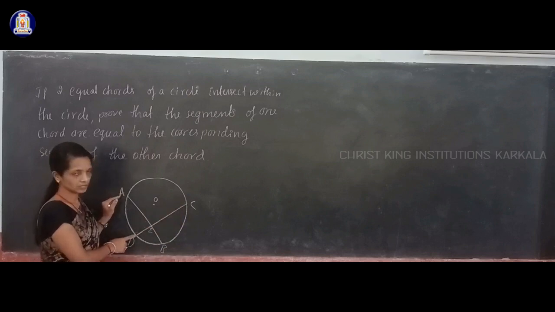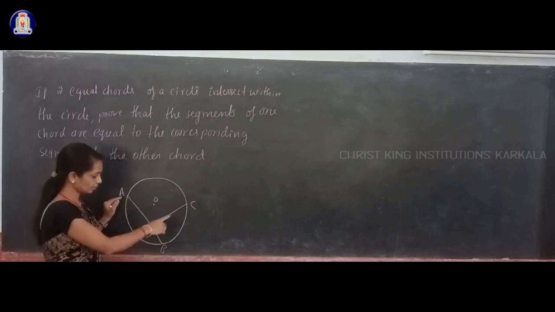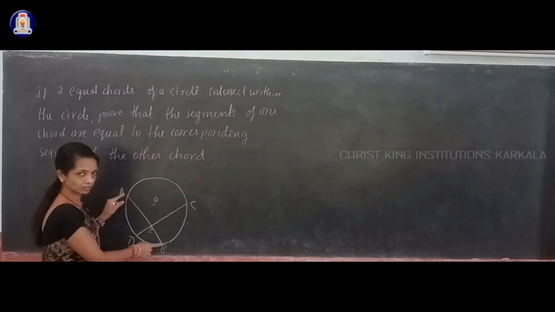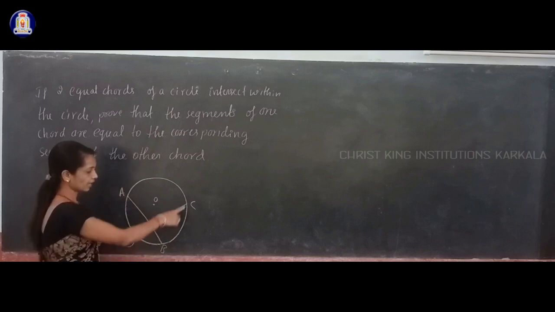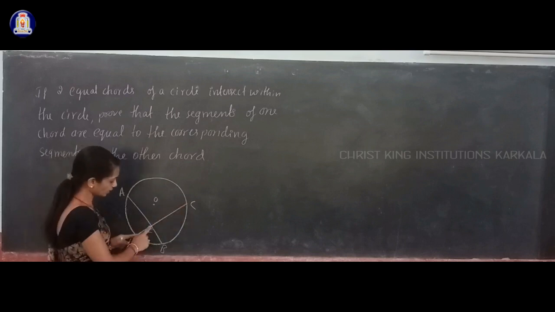Segments means here parts of the chords AB and CD. Parts of chord AB are what? AE and EB are the parts, segments of this chord, and segments of the chord CD are CE and DE.